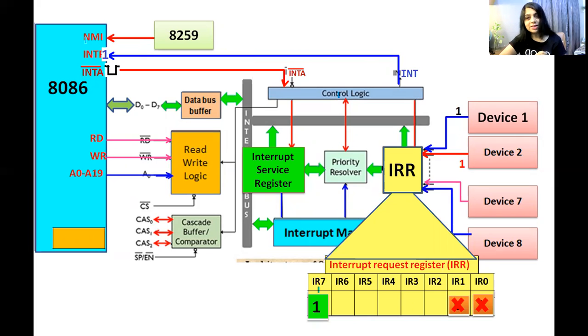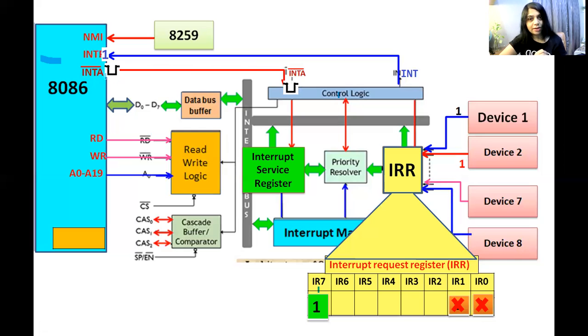When 8086 receives logic 1 on this pin, if it is executing a program, it will first complete the execution of the current instruction. Whatever program it is executing, if it is in the middle of some instruction, it will first complete that instruction, and then it will send an acknowledgement by sending a pulse on the INTA bar pin to 8259.